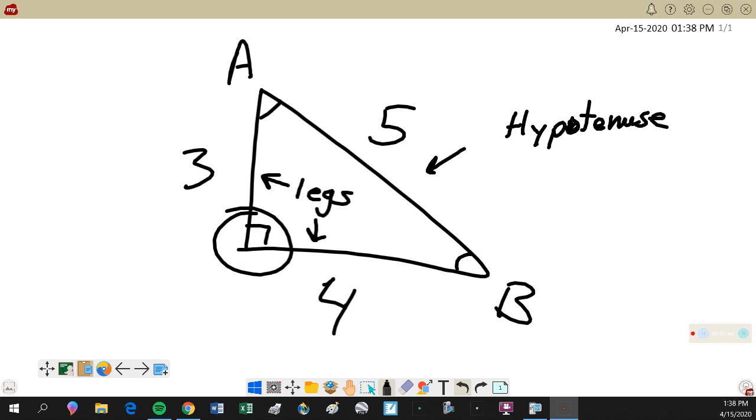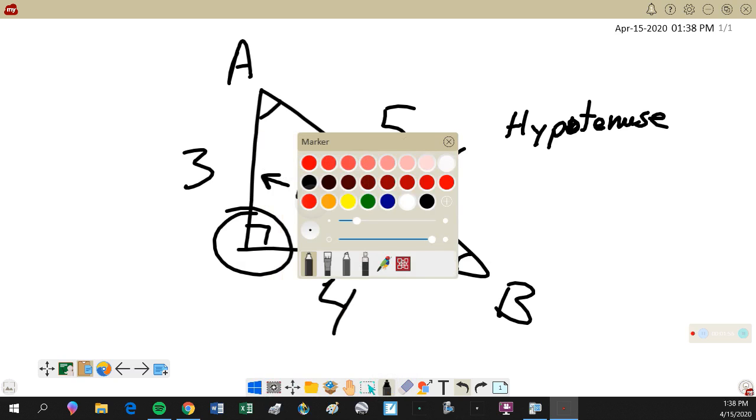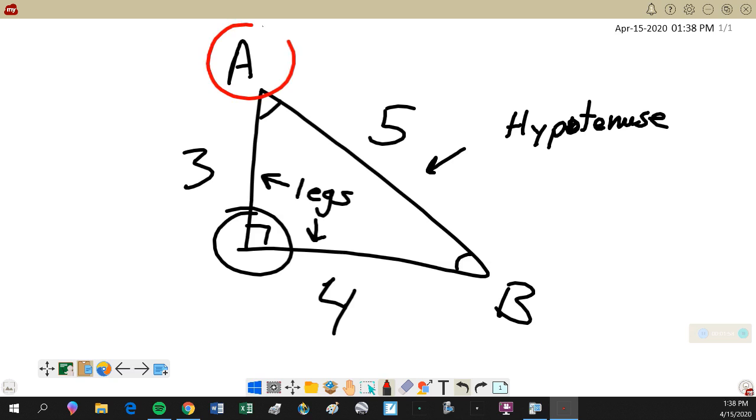Now, if you can understand this next step, then today is going to be really easy. Okay? When we look at either angle A or B, so let's start with A, all three sides can be labeled according to how they interact with angle A. Now, the hypotenuse is always the hypotenuse, so I'm just going to put an H there for hypotenuse.